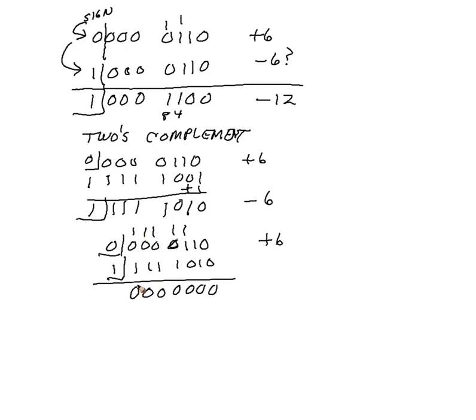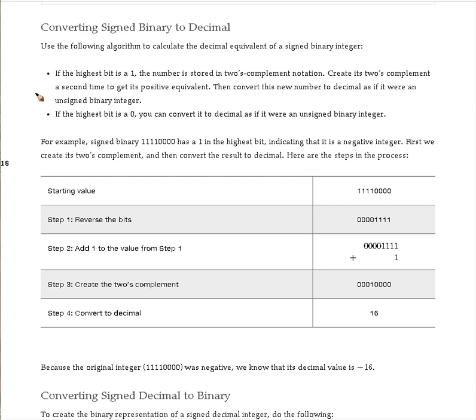Carry the 1. 0. Carry the 1. And that means the sign is that, and a bit gets carried out. Well, y'all, that's 0. So 2's complement is the way to go when you're trying to get the negative of a number. Okay, all of that was just to get us to here.